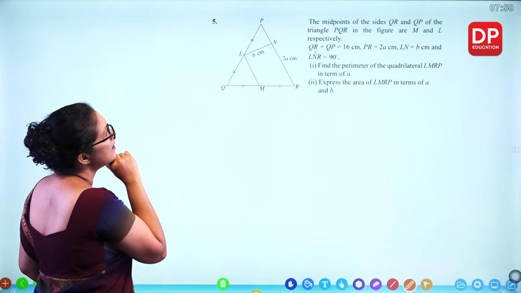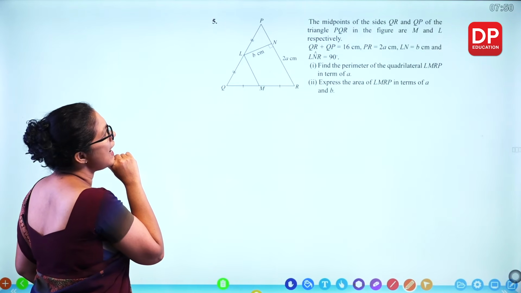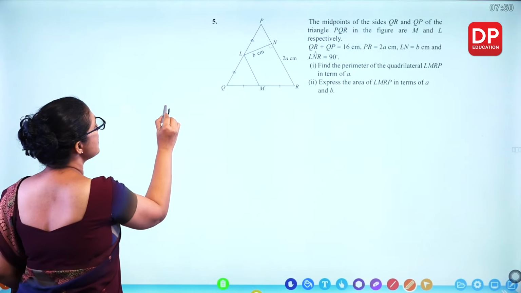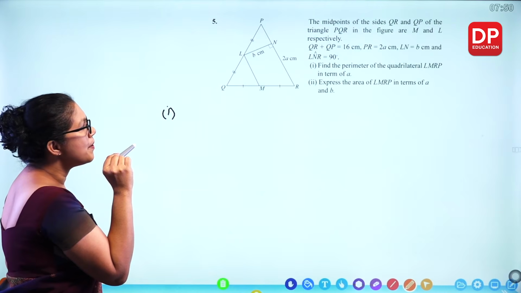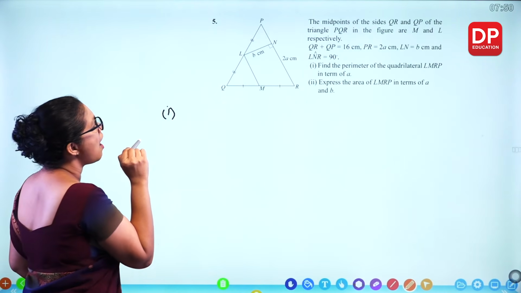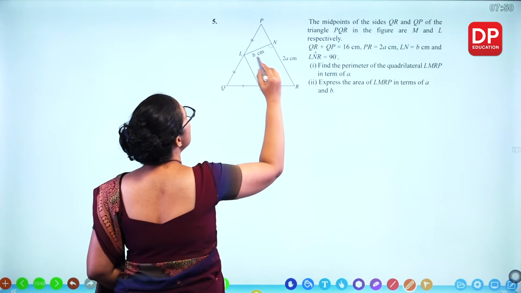LN is B centimeter and this is 90 degree given. The first part they ask, find the perimeter of the quadrilateral LMRP.